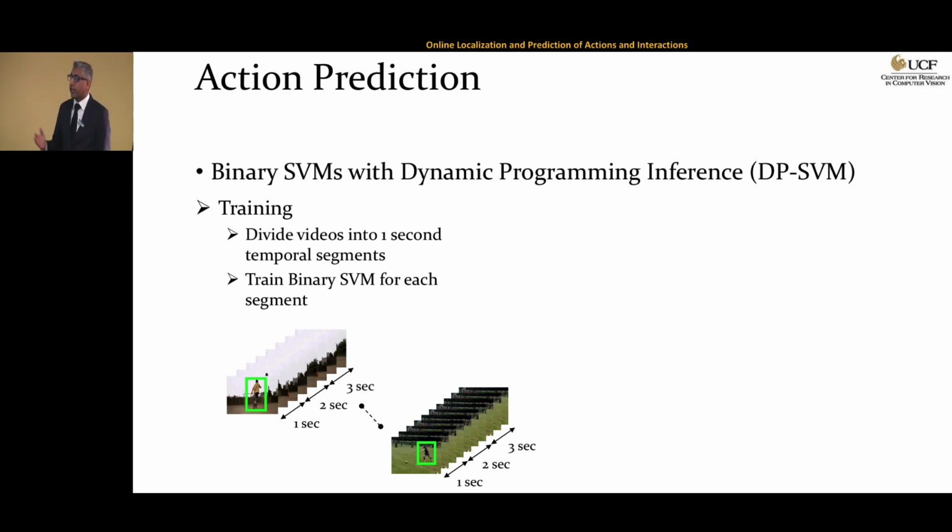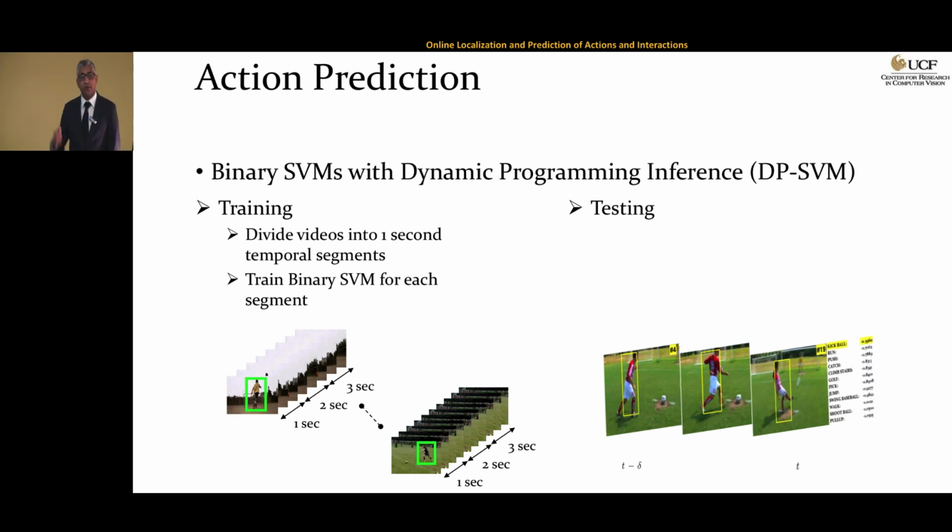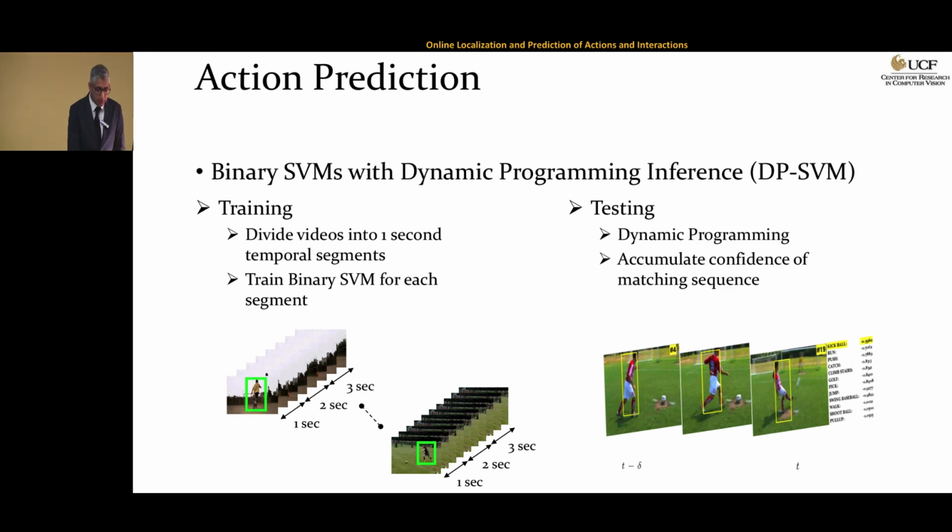So let's say the video was divided into 5 segments, then we'll have 5 binary SVMs for each action. Now, when we have a testing video where we're trying to detect as well as predict the action, we apply those SVMs temporally on a short window of frames, and then we accumulate the scores based on dynamic programming. That gives us the action prediction score for that particular video.